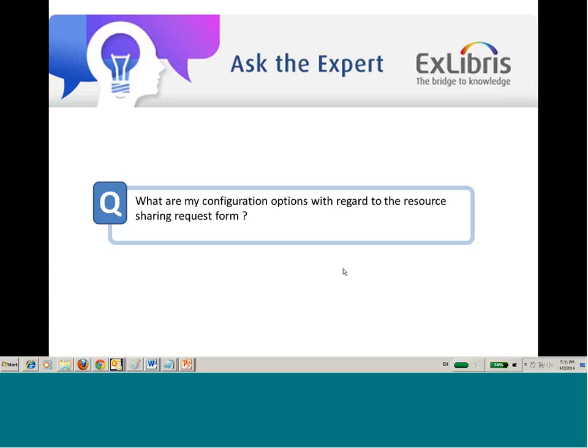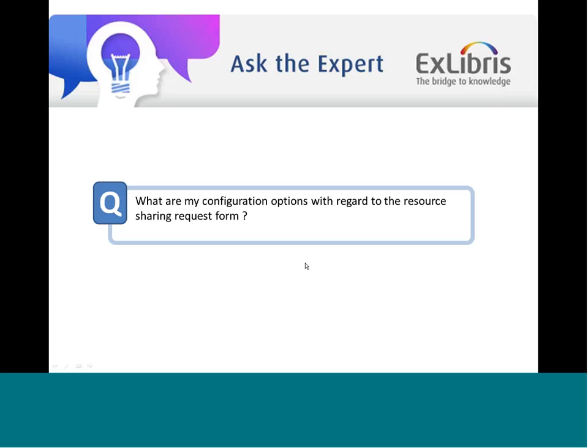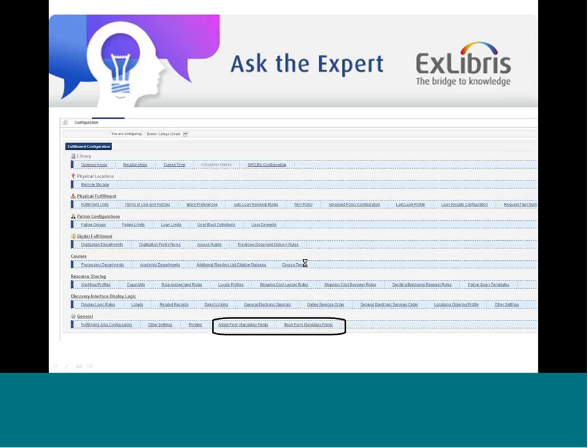Within Alma, other than the CSS configuration that I mentioned, there is the option to configure which fields on the form are mandatory. That is configurable. And the way to do that is using the options that I've highlighted here. Again, we're in the fulfillment configuration screen, and we're looking at options that in this case are part of the general configuration.